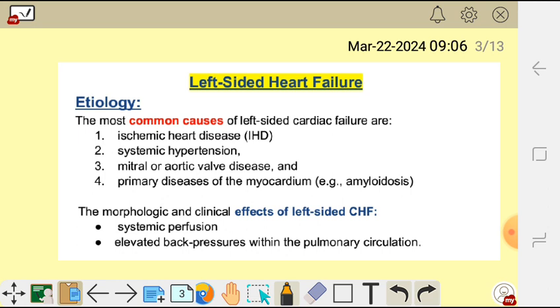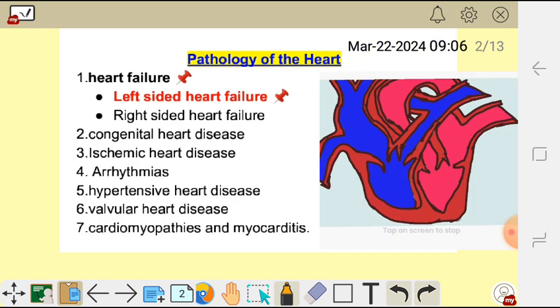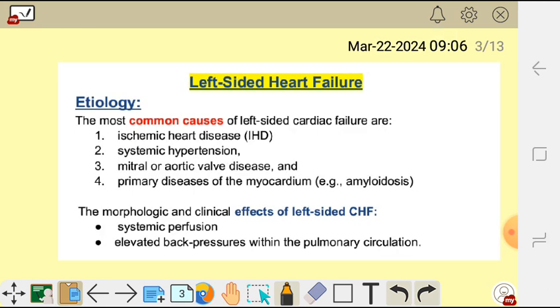The morphological and clinical effects of left-sided heart failure mostly have to do with systemic perfusion. We are going to have less blood pumped into the systemic circulation, and that will bring systemic perfusion problems. Apart from that, we also have elevated back pressure within the pulmonary circulation.